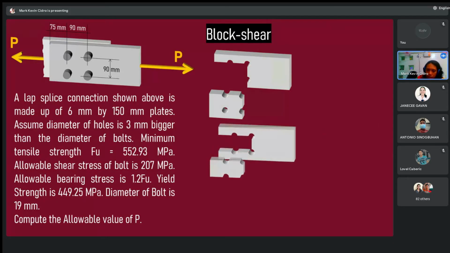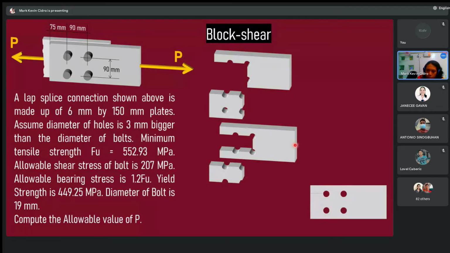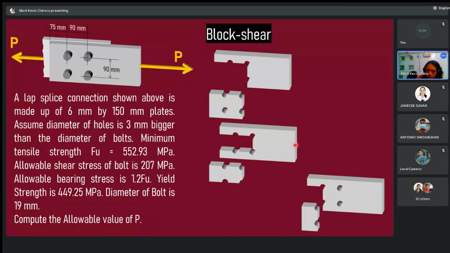Another path is this one. The block can also be pulled out, shearing off on both sides. How about this one? Is this possible?